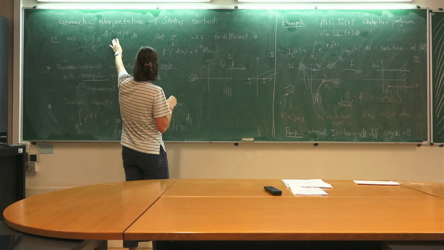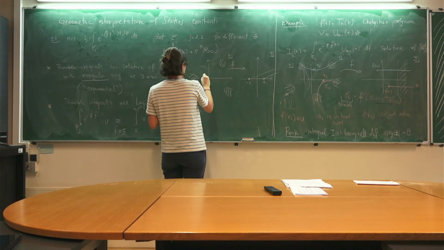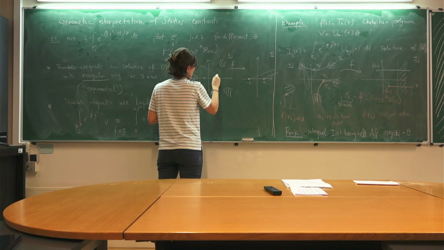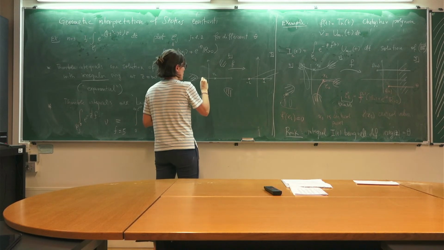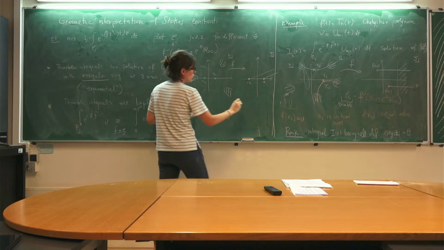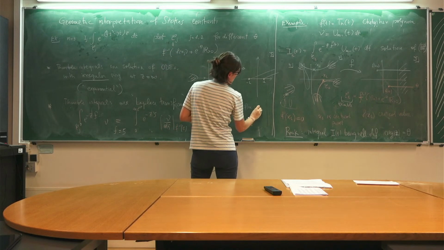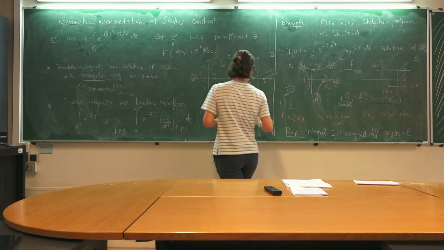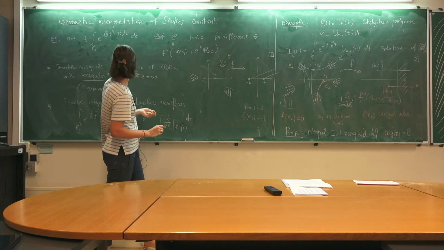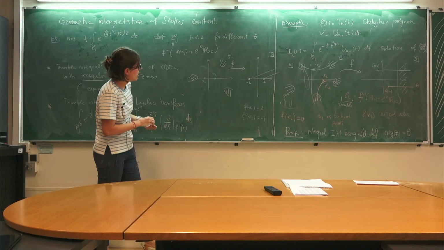What are the critical points? They are real as well, so they will be here. This is what I will call x1 and x2, and we have that f of x1 is 1 and f of x2 is minus 1. And maybe, okay.